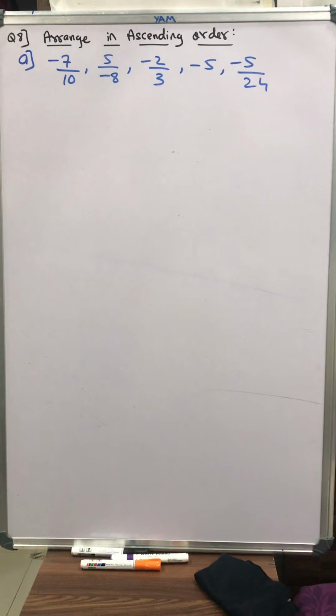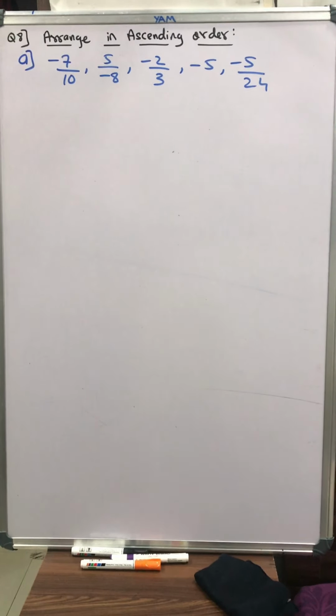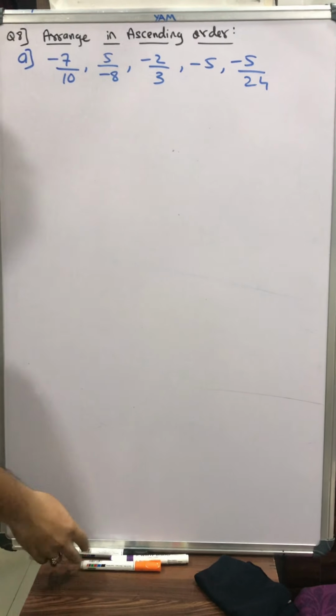Now students, the same question number 8 we are continuing, and in question number 8 I have written sub question A. Deliberately I have taken this question as the second question because it has all the numbers negative. Students, just pay attention over here, observe carefully.